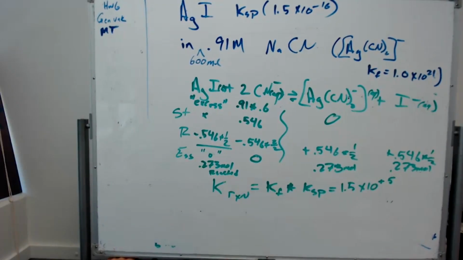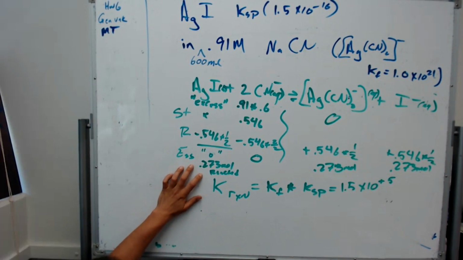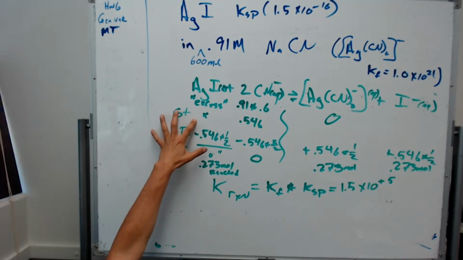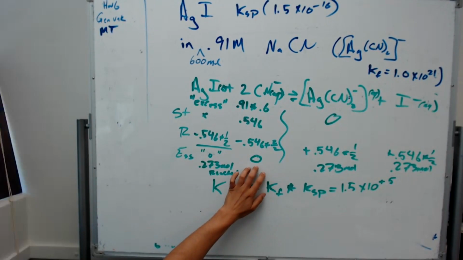Can I have a 0? No. If we just said 0.273 moles reacted, which means 0.273 moles of the solid dissolve, which gives us our solubility, that would give us an overestimation because we know that cyanide is not going to go to 0.